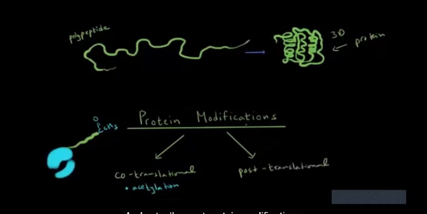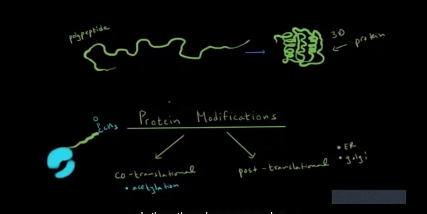Most protein modifications fall into this category, and the examples we're going to discuss in this video are all post-translational modifications, which happen after translation. Many happen in the endoplasmic reticulum and the Golgi apparatus, but not all of them.